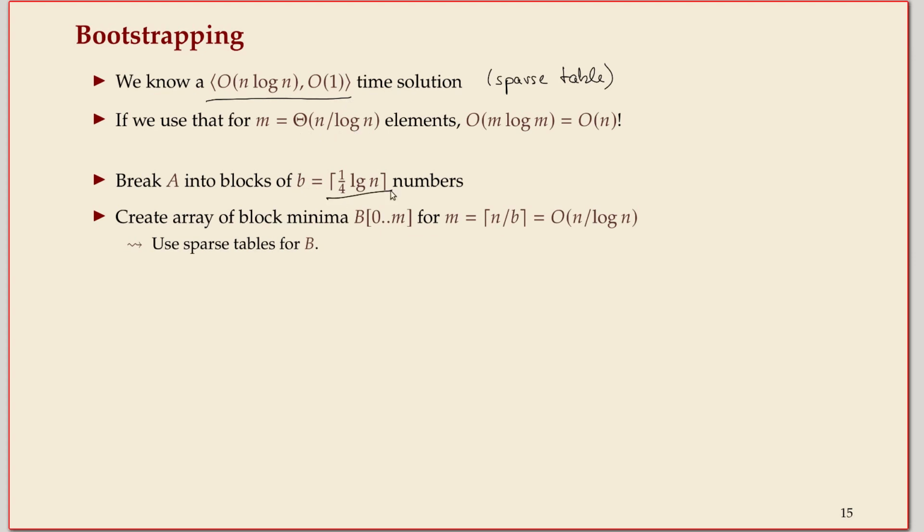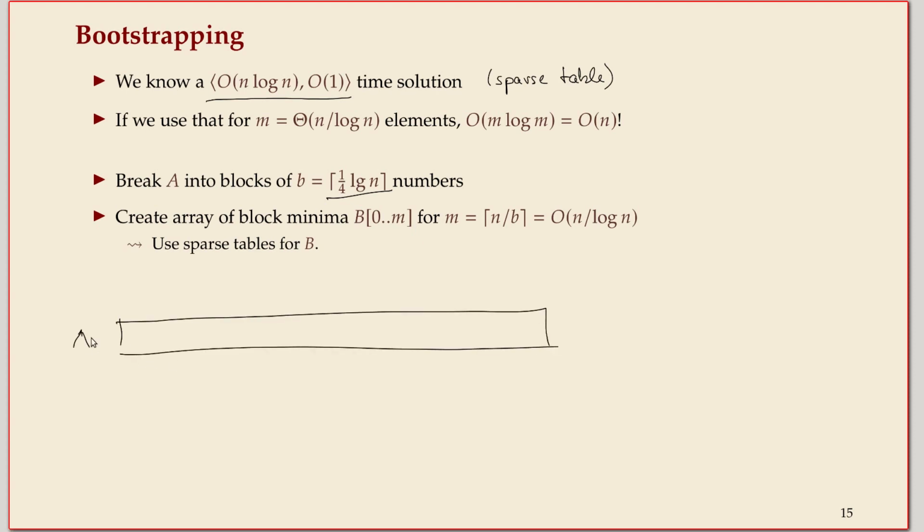Now, this weird definition, taking exactly log base 2 of n divided by 4, why is that the right choice? You cannot make sense of that at this point, but it will be the final answer, and it is actually important that it's not just log n. We'll come back to that. So the first step, what we'll do is we break our array A into these blocks.